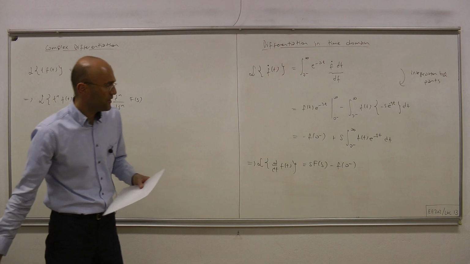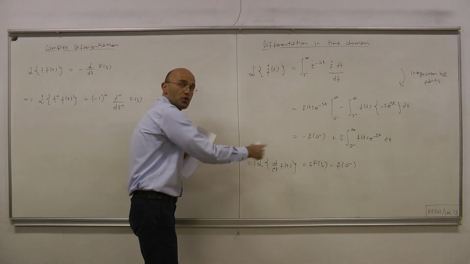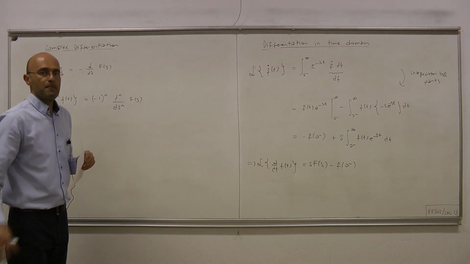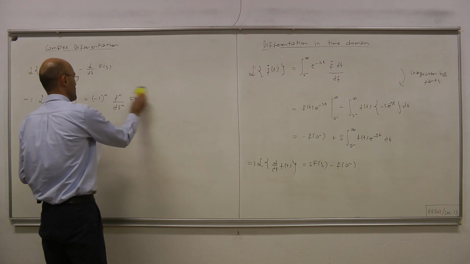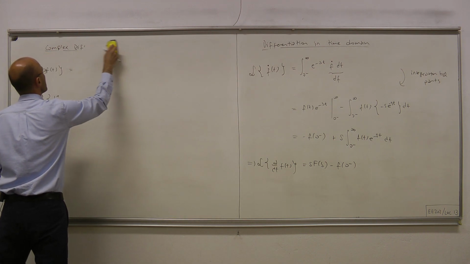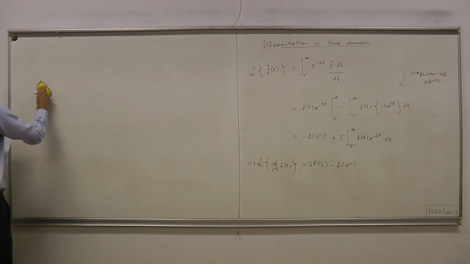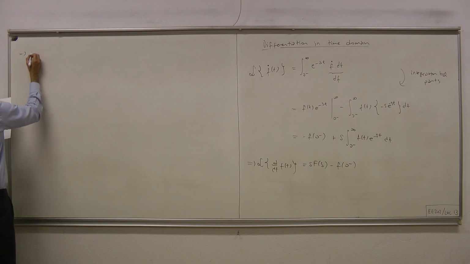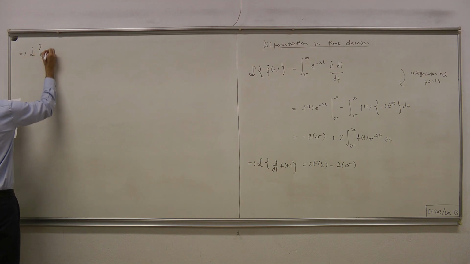Okay, and then this can be easily generalized to further differentiation. Okay, f double dot, f triple dot, and so on. So let's also write that down because it may become handy.